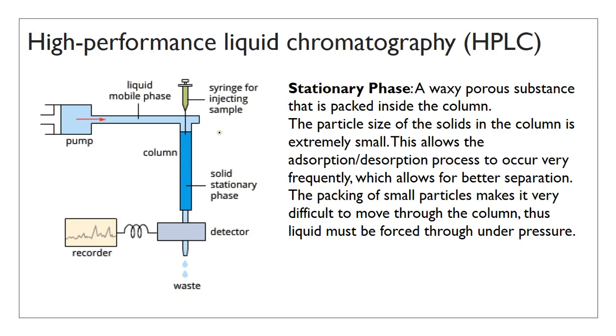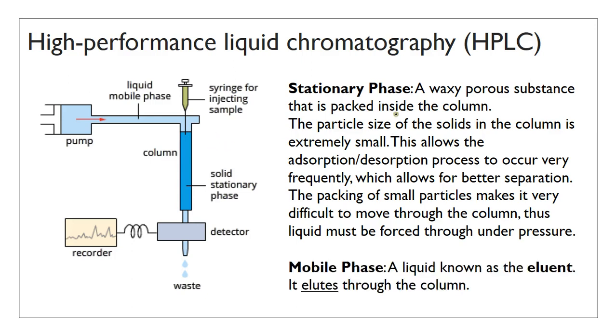This type of chromatography technique is a lot more sensitive, a lot more accurate, and the machine is also a lot more expensive. Now you still have your basics, which are your stationary phase and your mobile phase. The stationary phase in this case is a column in the machine, and normally the column is going to be packed with a waxy porous substance, or you can have really long chain hydrocarbons.